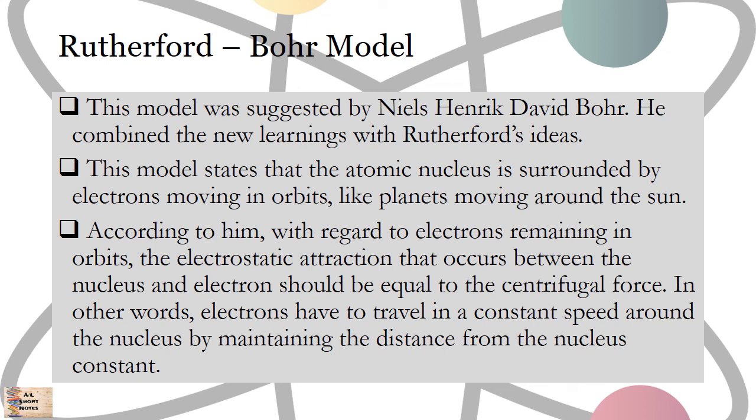According to him, for electrons to remain in orbits, the electrostatic attraction between the nucleus and the electron should be equal to the centrifugal force. In other words, electrons have to travel at a constant speed around the nucleus while maintaining a constant distance from the nucleus.